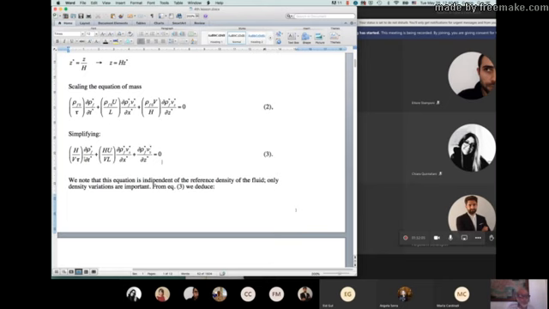So I can throw away the term that tells mass accumulation in the unit volume. And the same is true for the second term.